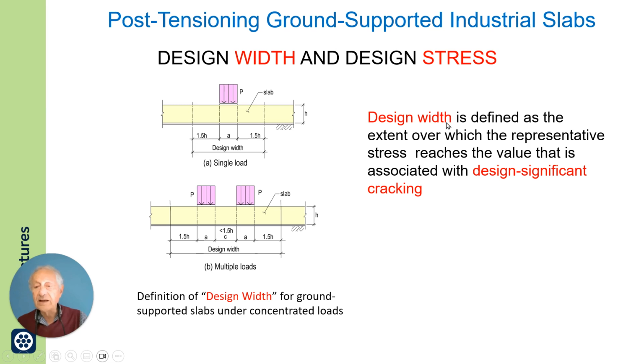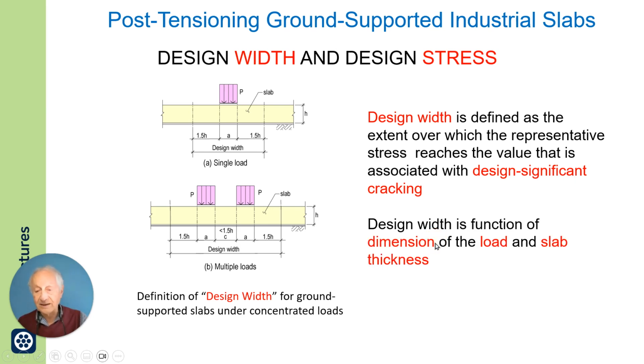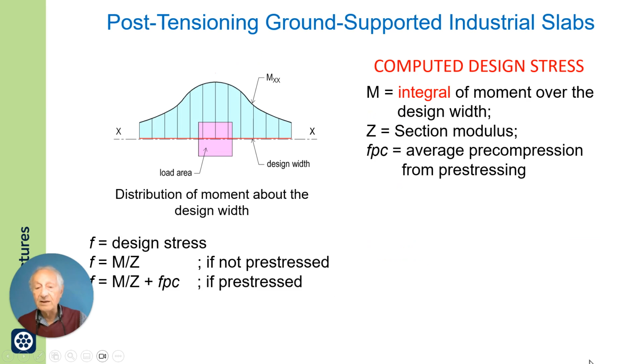Design width is defined as the extent over which the representative stress reaches the value that is associated with design significant cracking. Design width is function of dimension of the load and slab thickness. Dimension of the load and slab thickness define the design width.